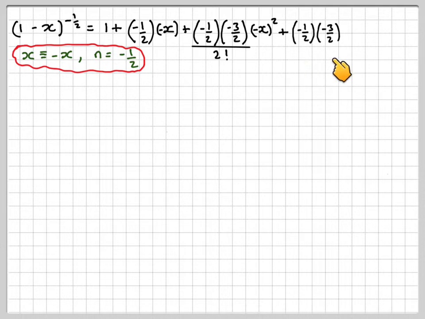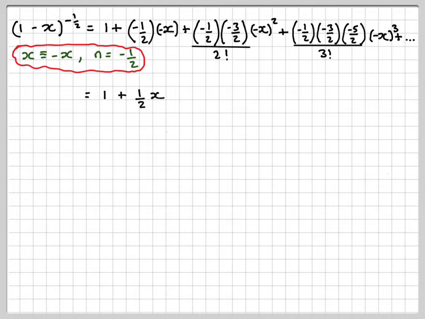Plus minus a half times minus 3 over 2 times minus 5 over 2, over 3 factorial, times minus x cubed. And that will give you 1 plus, because minus times a minus, a half x, plus 3 over 8 x squared, plus 5 over 16 x cubed when you work these out. You can use a calculator to work these out. Just use the fraction button carefully on your calculator.